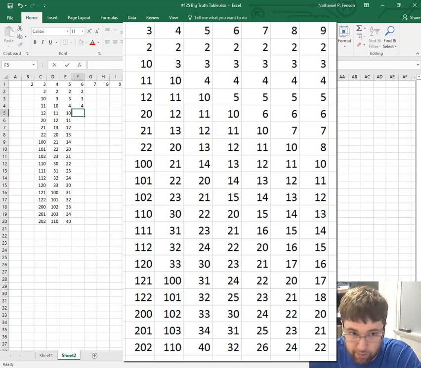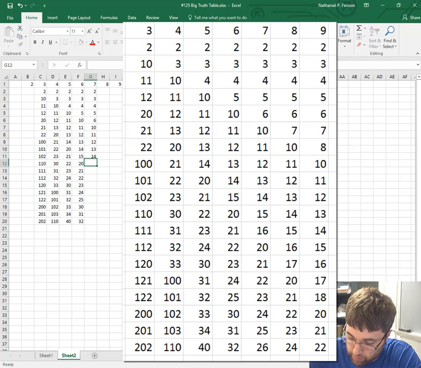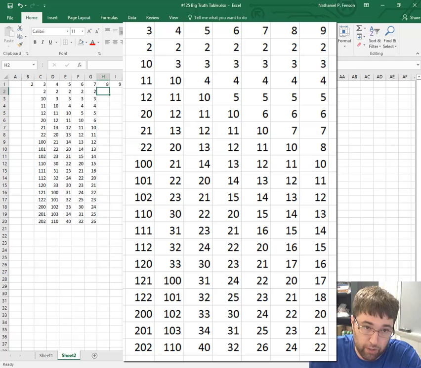Base 6: 2, 3, 4, 5, 6, 7, 8, 9, 10, 11, 12, 6 times 2, 13, 14, 15, 16, 17, 18, 6 times 3, 19, 20. Again, numbers are getting really small now because we're getting really close to decimal.